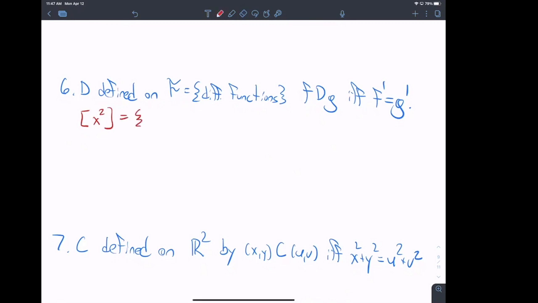By definition, it's going to equal the set of all functions f such that f is related to x squared. In other words, the set of all differentiable functions such that the derivative of f is equal to the derivative of x squared.